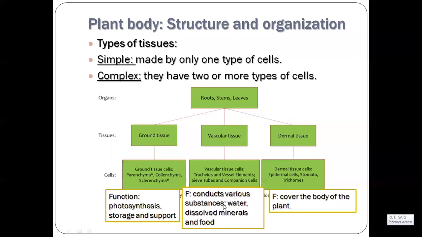The substances could be water, dissolved minerals, and food, so nutrients for the plant. And this will be a simple or a complex tissue? Question: will that be a simple or a complex tissue? Complex, perfect.